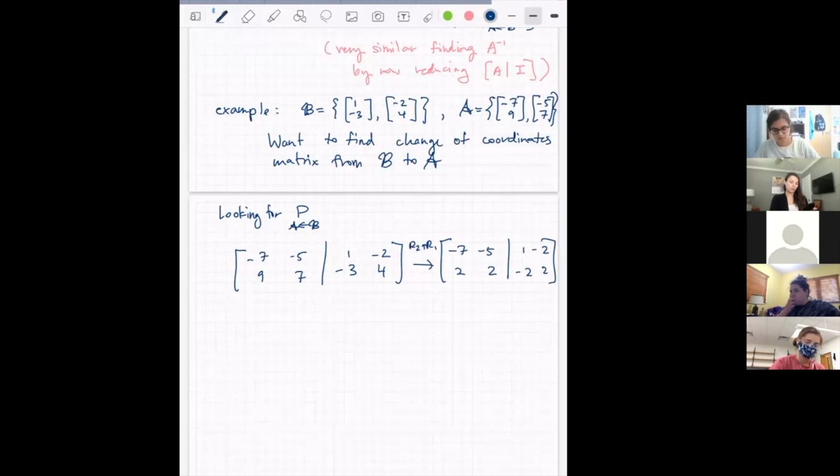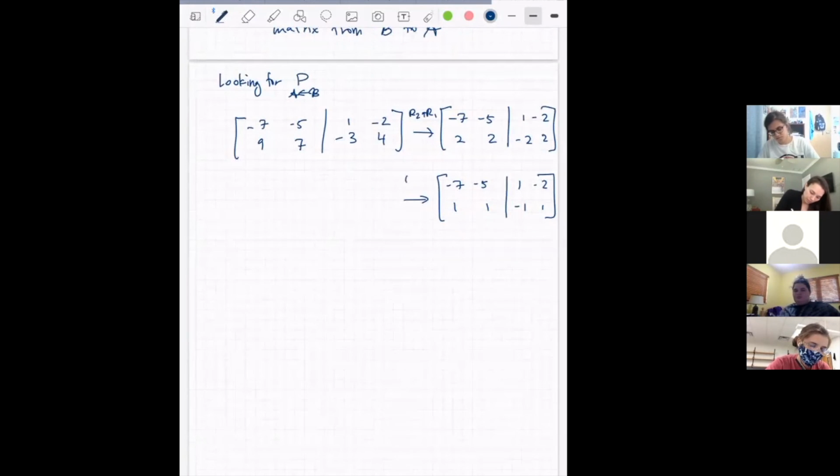If I add row 1 and row 2 and replace row 2 with that, I get this, and then I'll divide by 2 and switch these rows.